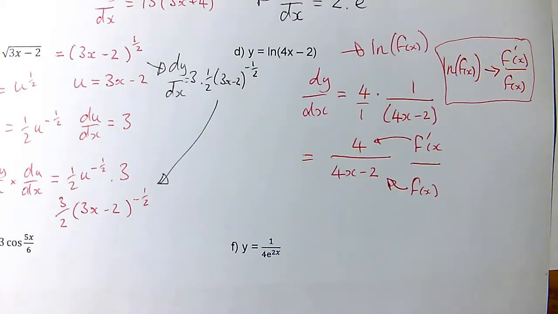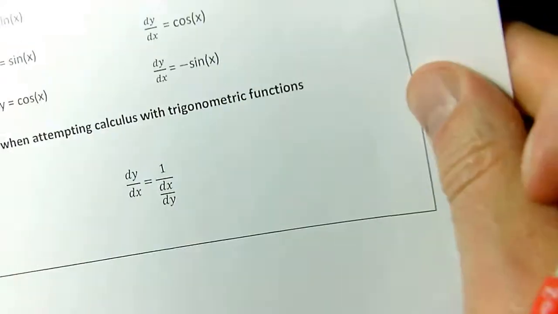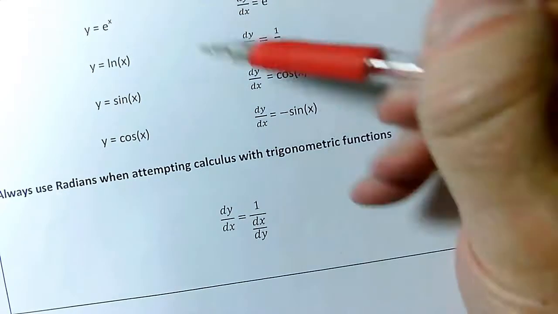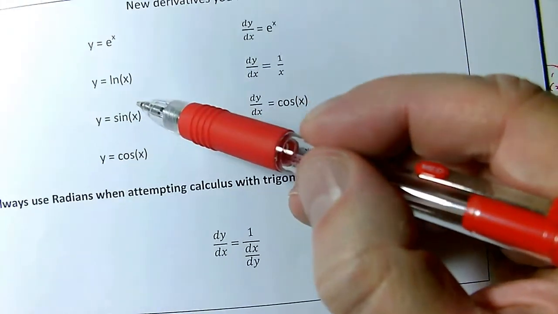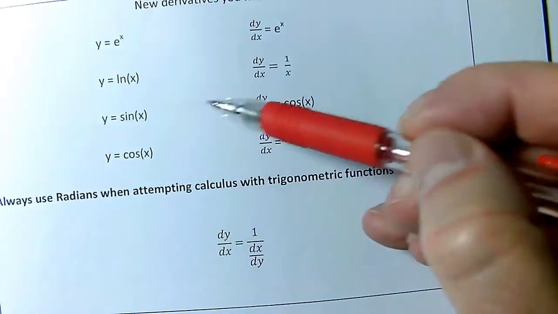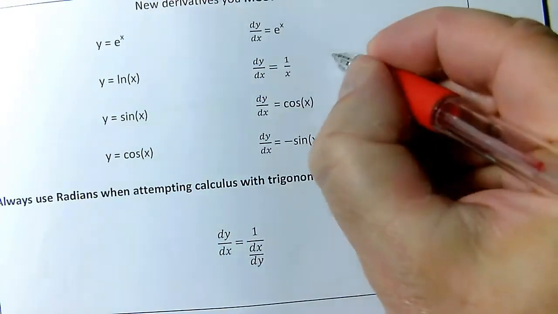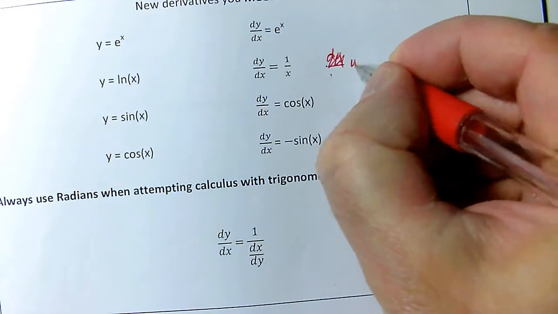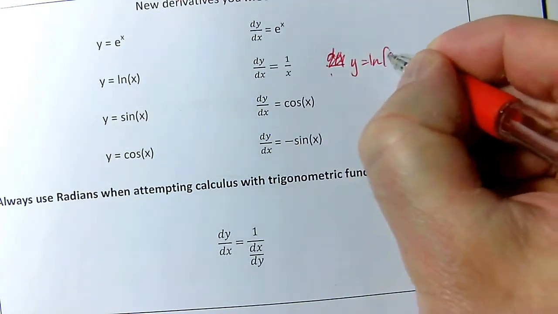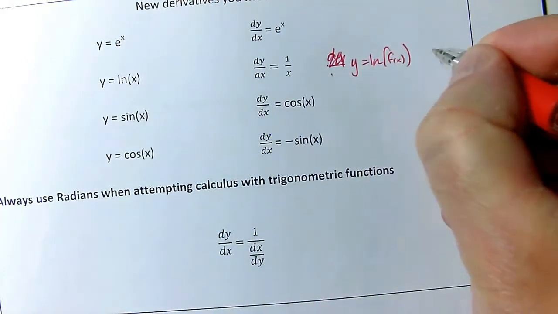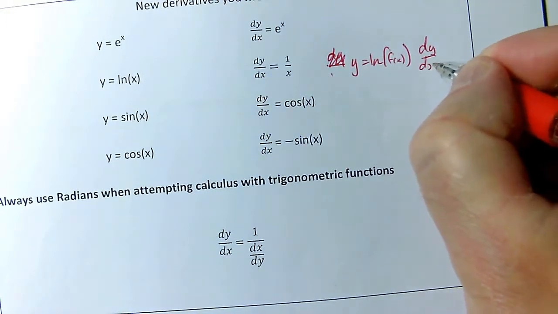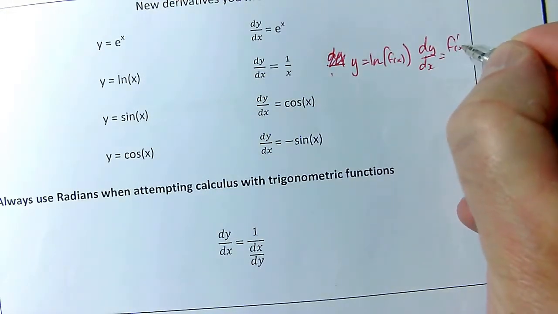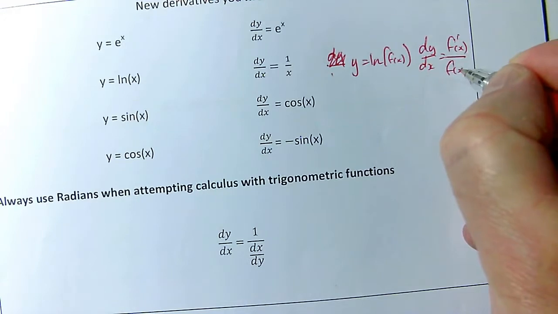It's only got the very basic ones there, but you can add to this list. So if y equals log of f of x, you want to make a note that dy by dx equals f dashed of x over f of x.